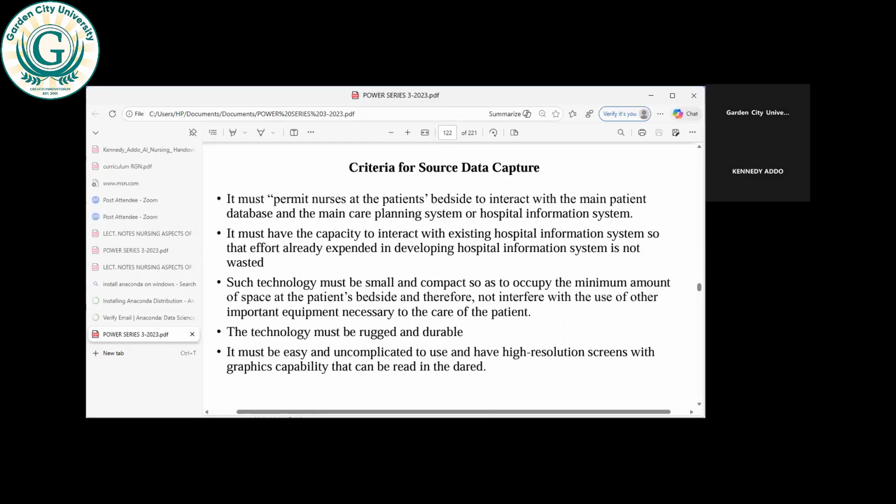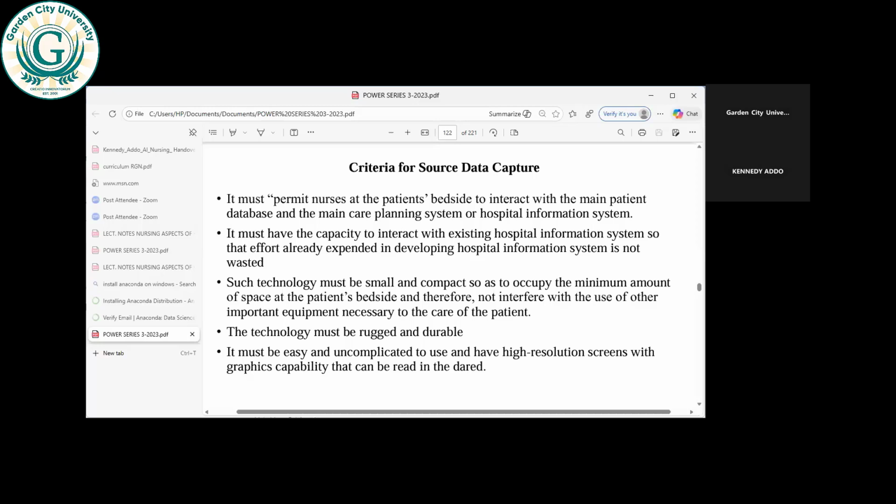Whatever encounter you have with the patient right at the patient bed, the documentation or entry that you make is linked to the workstations or the database infrastructure. So this is not going to allow you to do another entry. Once you do it, it is unified across the centralized system. So that is one of the criteria for source data capture.